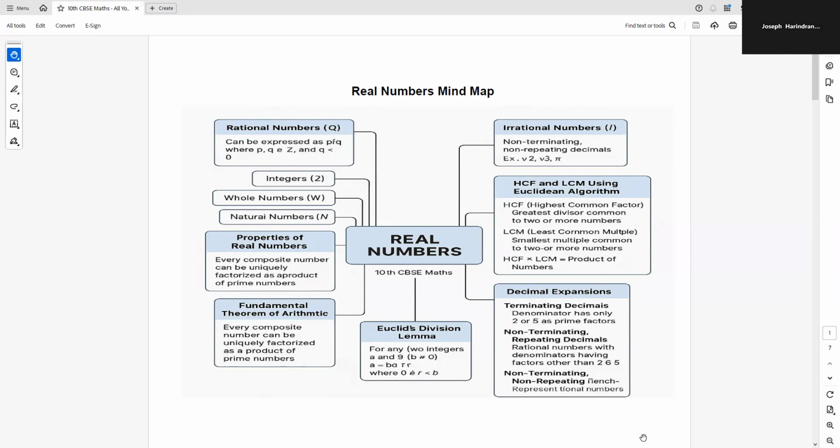Under rational numbers, we have a number of subsets.